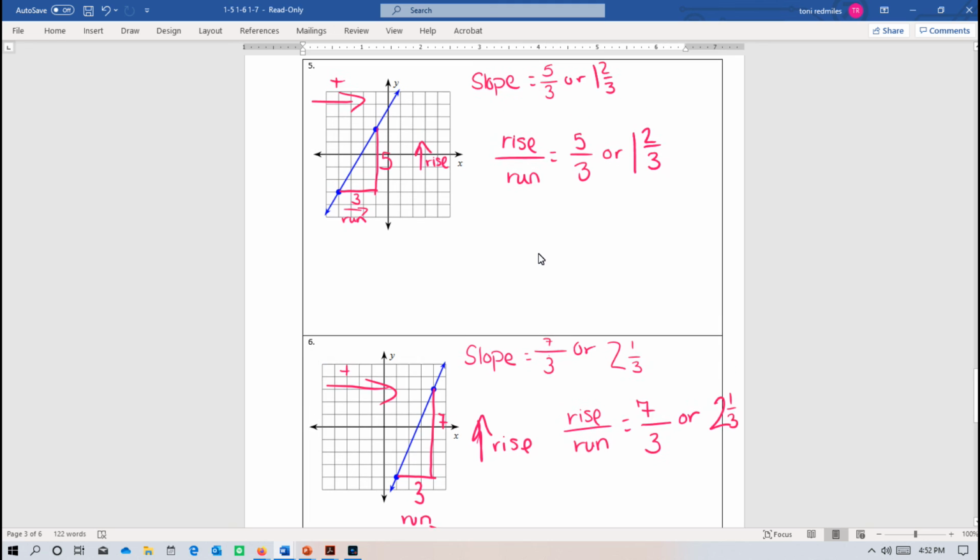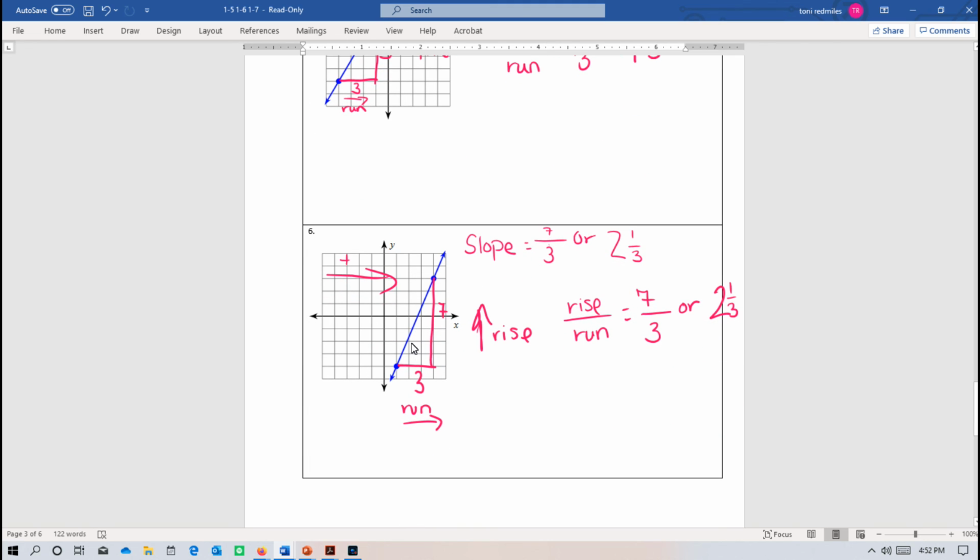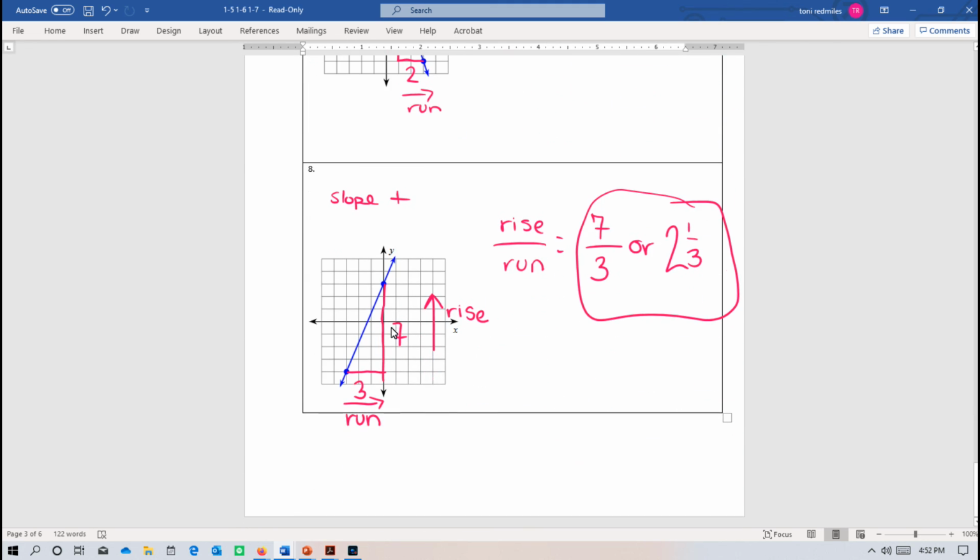So see how this line looks different? It's in a different quadrant even than this line. So a line is not identified solely on its slope. It also has to be identified by something else. Okay, and we're probably going into that if you're doing this worksheet, but look at what is different.